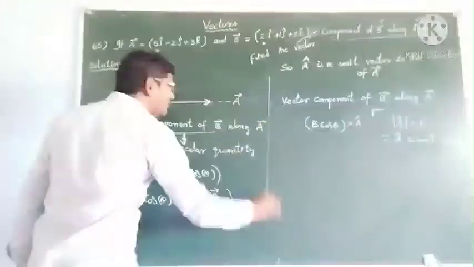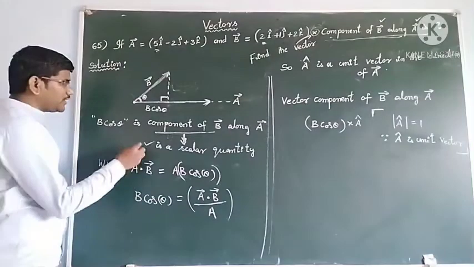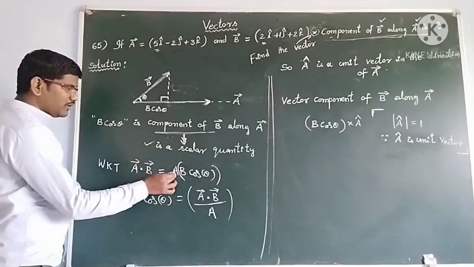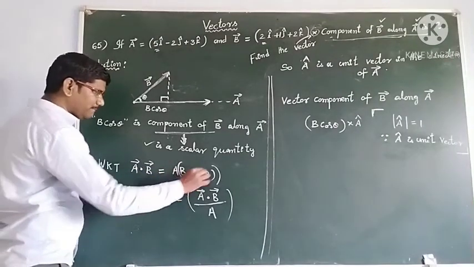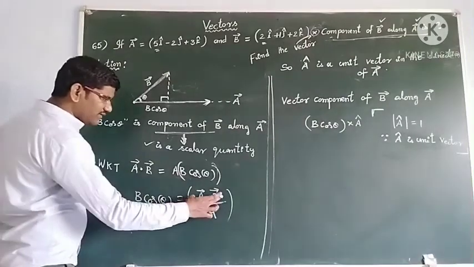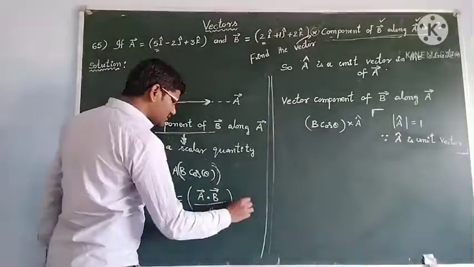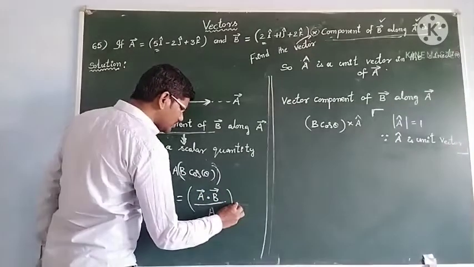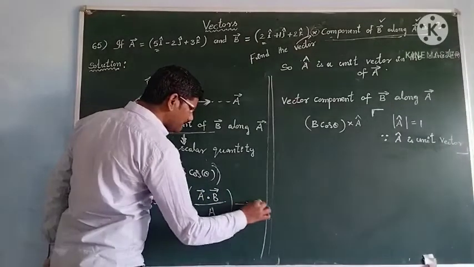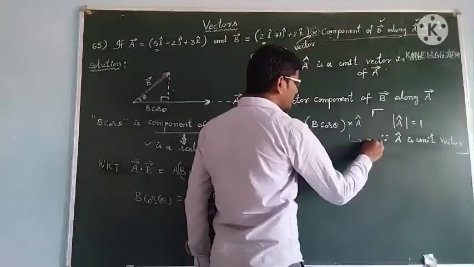But we know that from the dot product of two vectors, A bar dot B bar is equal to AB cos theta. Here make B cos theta the subject. B cos theta equals this value. This is equation number 1, and take this as equation number 2.